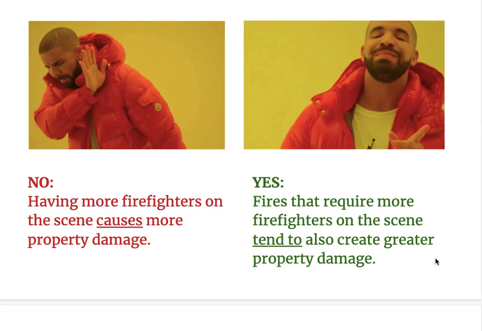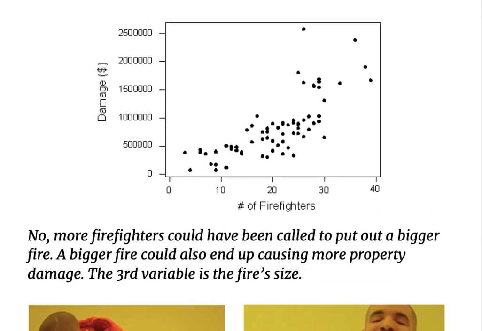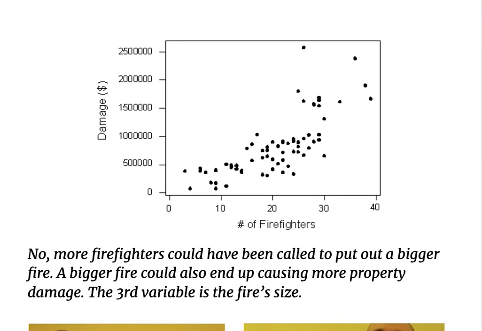Fires that require more firefighters on the scene tend to, on the whole, on the average, also create greater property damage. Because there are instances where it doesn't, right? You can have a lot of firefighters, 40-ish, that creates only this much damage, while in another scenario you have less than 30 and it creates the most amount of damage.